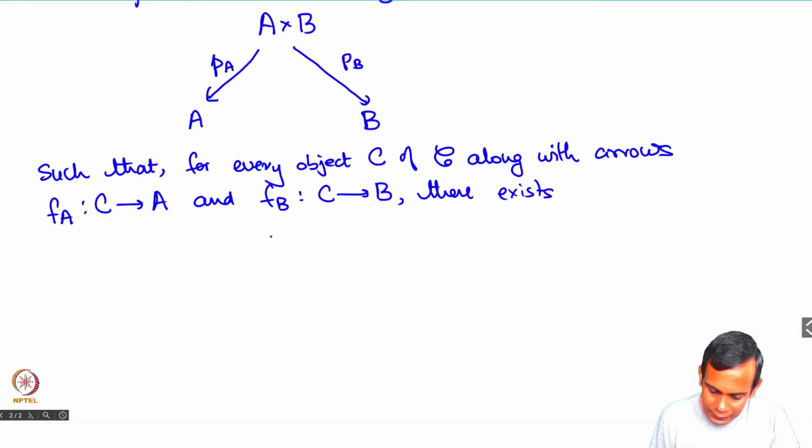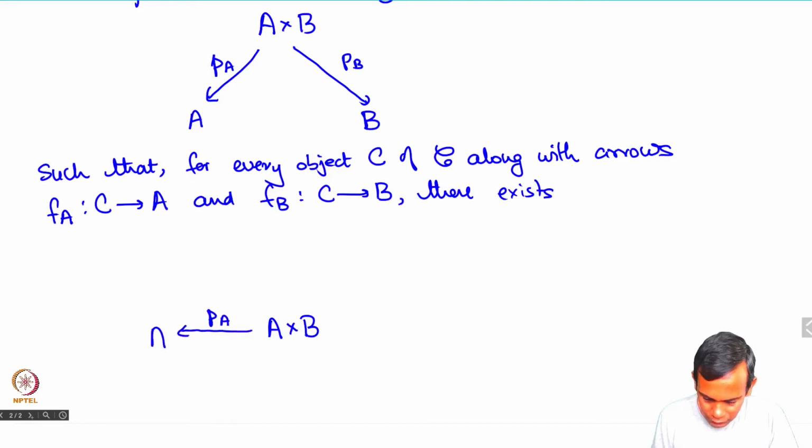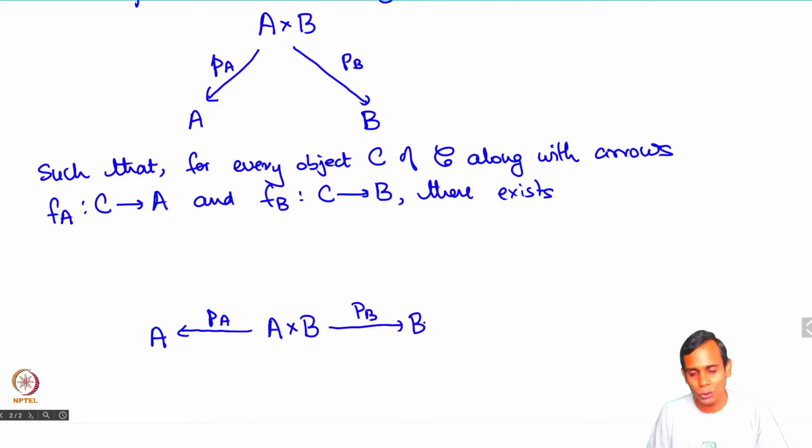I'll draw this like this. So we have A cross B, we have P subscript A, the projection onto A, we have P subscript B, projection onto B. I'm using the words projection and so on, but remember A and B are no longer sets, they're just objects in some category. And A cross B is again an object, and these are just some arrows in the category.